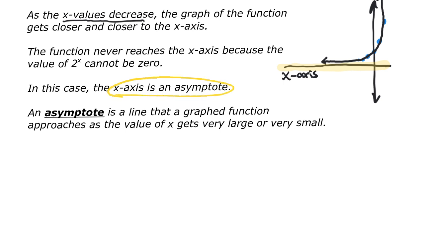So that line is an asymptote. Sometimes in math, to specify it even more, it could be made a dashed line. An asymptote is a line that a graphed function approaches as the x values get very, very large or very, very small.